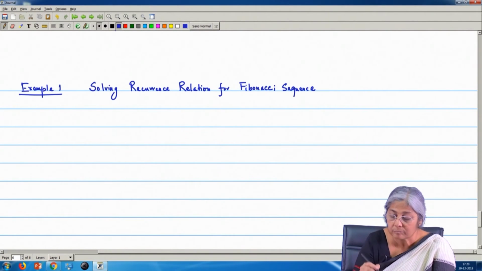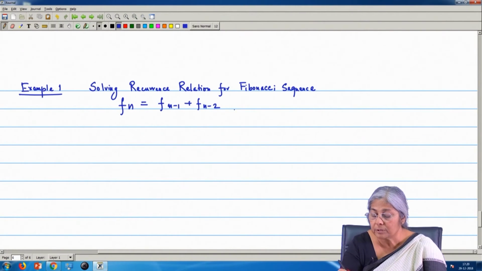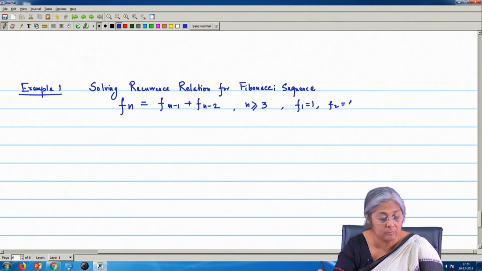So, we know the sequence is f n equal to f n minus 1 plus f n minus 2, for n greater than or equal to 3, and I write f 1 equal to 1, f 2 equal to 1.